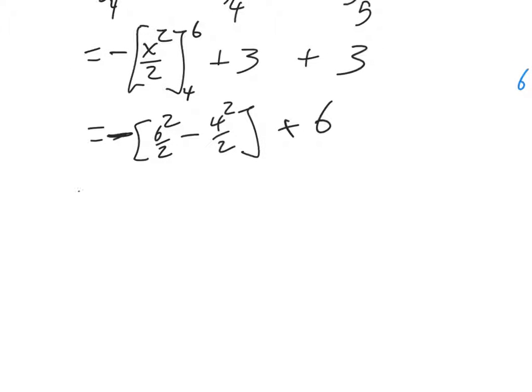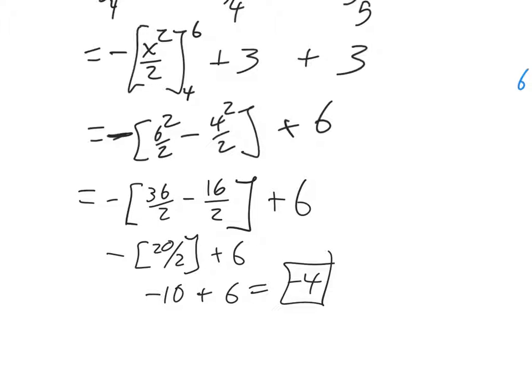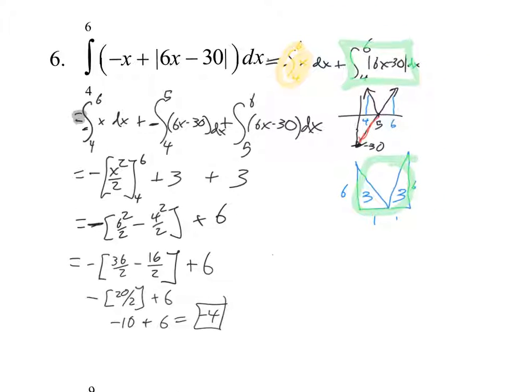And that's negative 36 over 2 minus 16 over 2 plus 6. 36 minus 16 is 20, and 20 divided by 2 is 10. So this is negative 10 plus 6, or negative 4. And that's all there is to number 6.